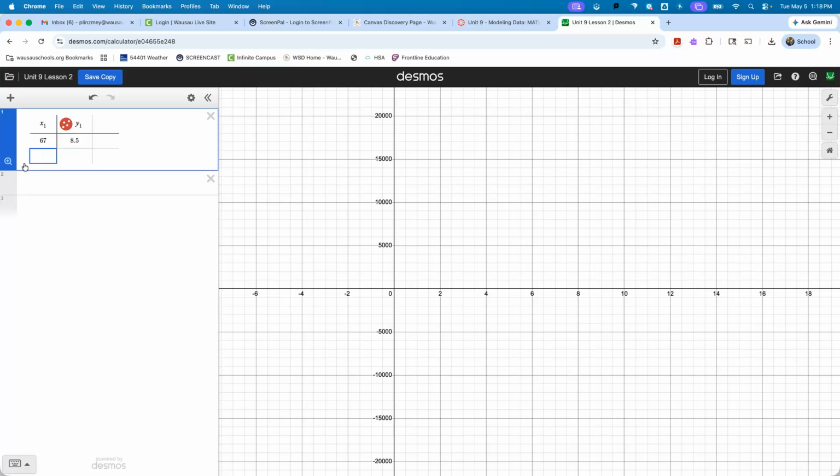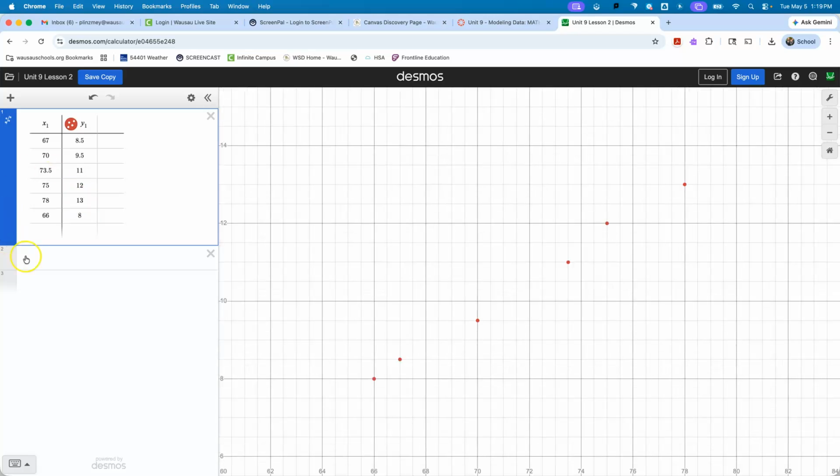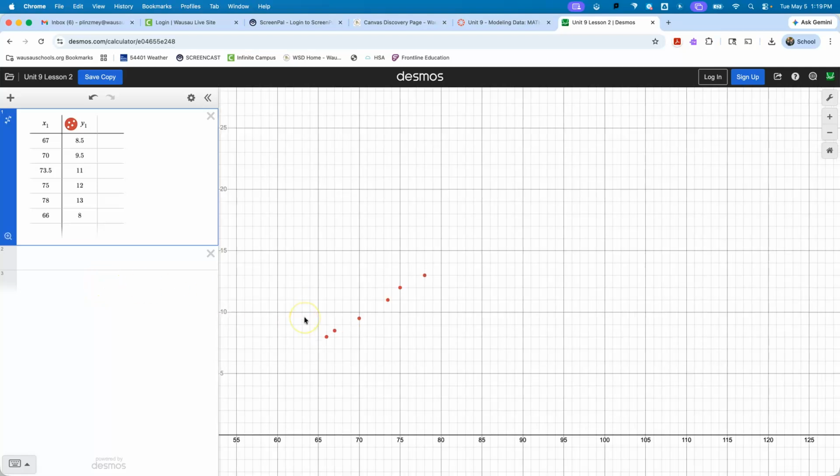Then 9.5. And 8. And that was it, right? Okay. So now if I want to see that, I click on that magic thing right there and zoom out just a little bit.